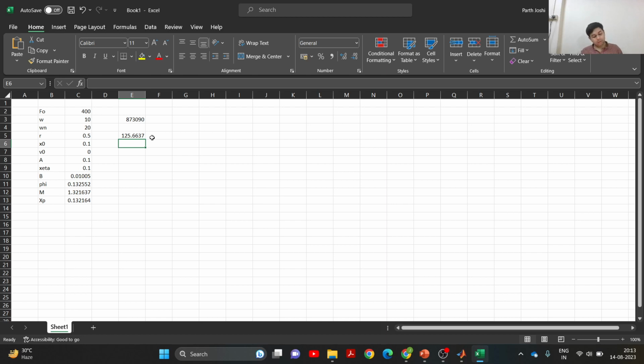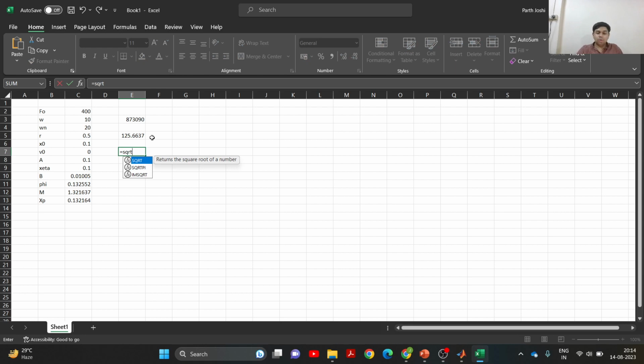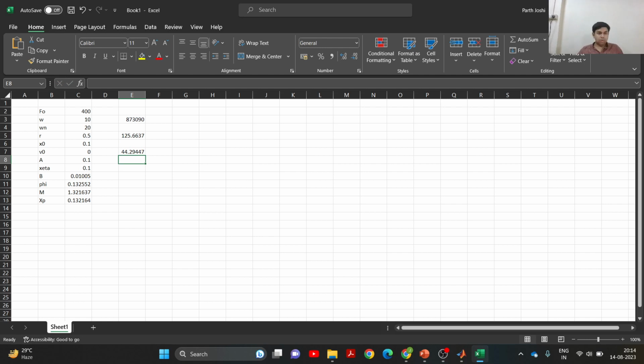And the natural frequency omega n will be root of k by m, so the natural frequency will be square root of k by the mass 445, which is 44.3.